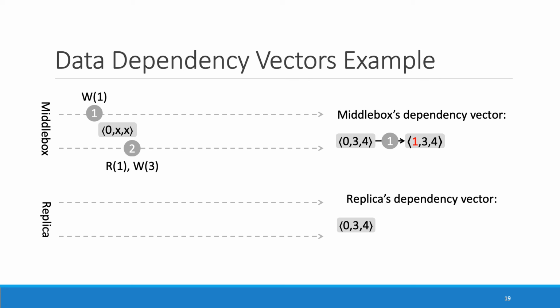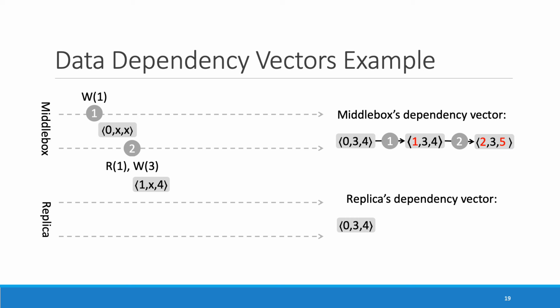The second thread processes the other packet. The packet transaction reads state partition 1 and writes to state partition 3. The transaction depends on the first transaction because it reads the write that the first transaction has performed on state partition 1. FTC records the sequence numbers of state partitions 1 and 3 and uses a don't care value for state partition 2.